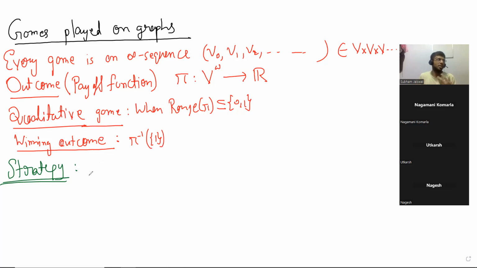So let's see, what is a strategy? A strategy is something like this, right? You are at a position in the game where, let's say, the token is at the ith vertex, and you'll make a move from there, right?